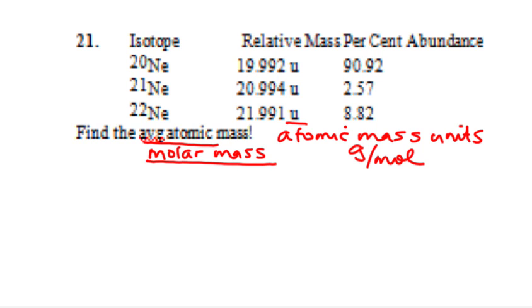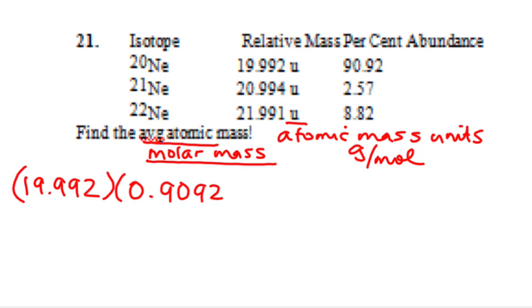So I'm going to look at first neon 20, and it weighs 19.992 AMUs times, I don't put 90.92, I got to do it in decimal form, so it's 0.9092. Now you can either go long ways on the paper and add to the right, or I'm going up and down because I have more room this way, plus 20.994 AMUs.